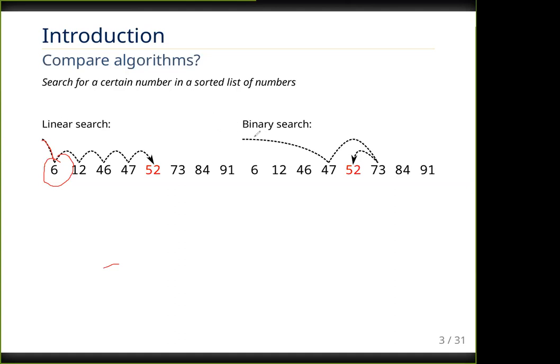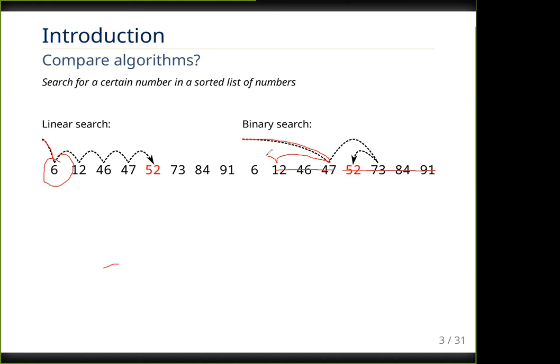However, with the binary search, if I'm looking for item 6, then I'd still go to the middle element. 6 is smaller than 47, so I can cross that out. And then I would jump to the middle element here, 12. 6 is smaller than 12, so that would cross all of those out.